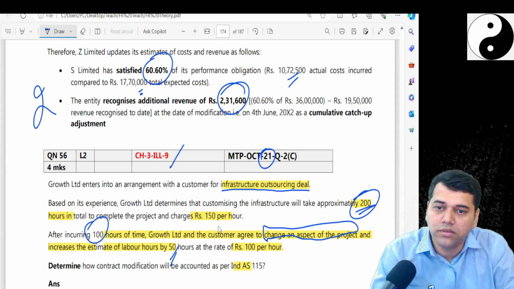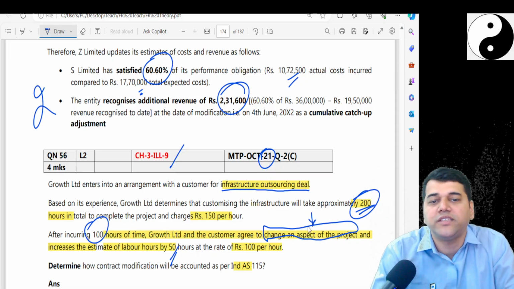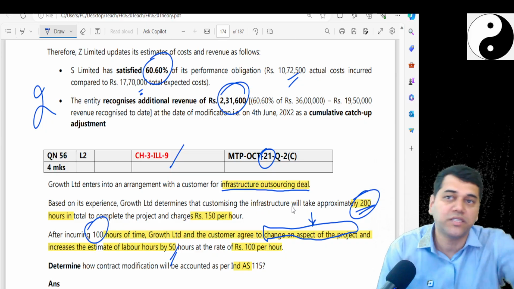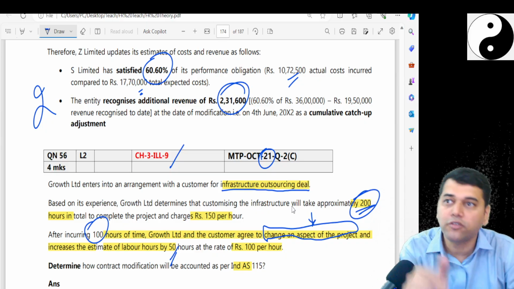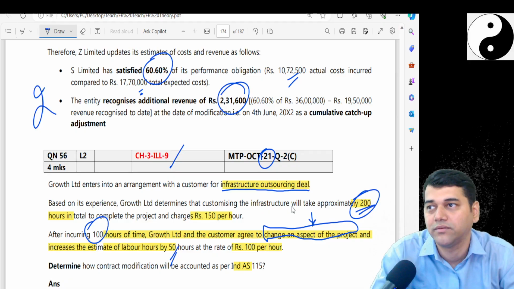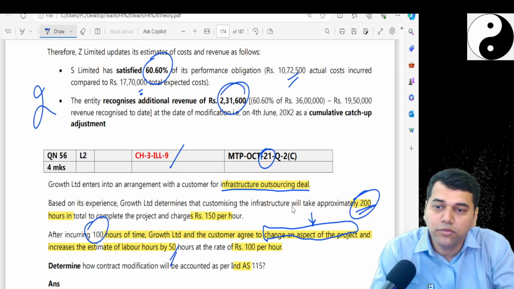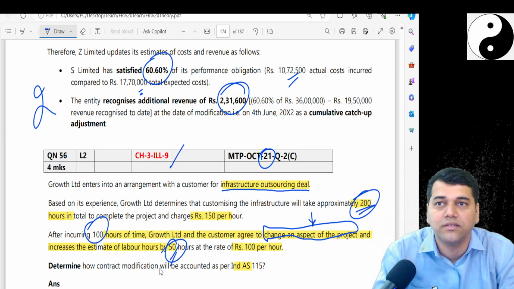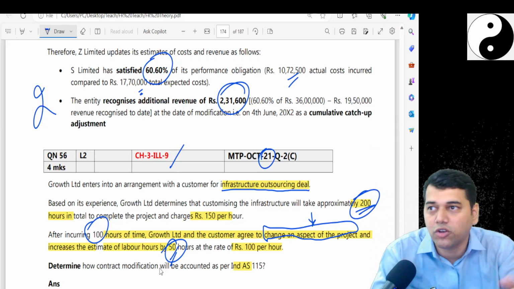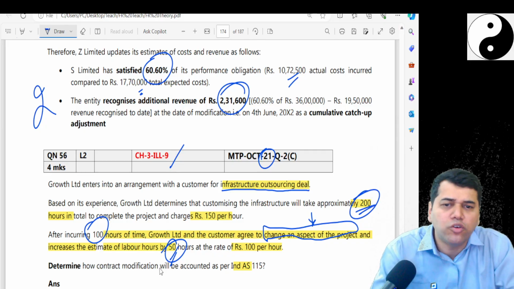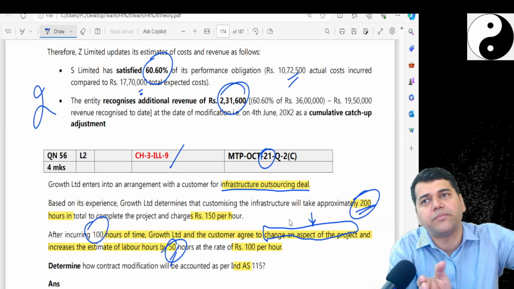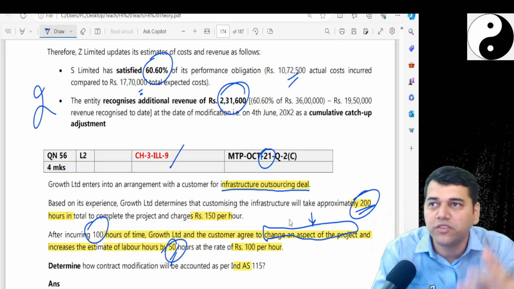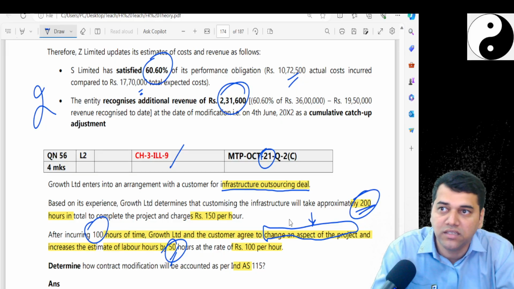Now, they changed certain aspects of the project. They got some additional high-end servers. They said, sir, we missed this server initially. This server also should have been included. Now, you said, okay, for that additional server, I will charge you 50, which is an additional cost to me. Or maybe, I don't know, they said, along with this antivirus, upgrade this also. God knows what they have done. So, what is that additional hours being spent? Is it distinct?